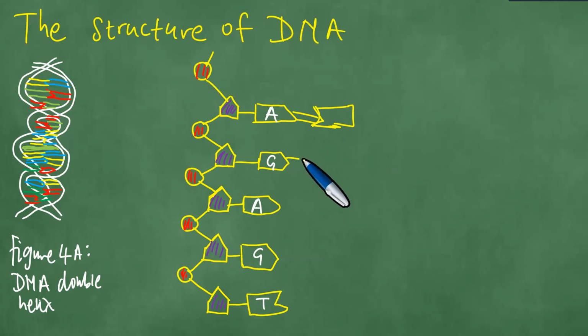Then here you put a double bond like this, and then you have this C-shaped structure.